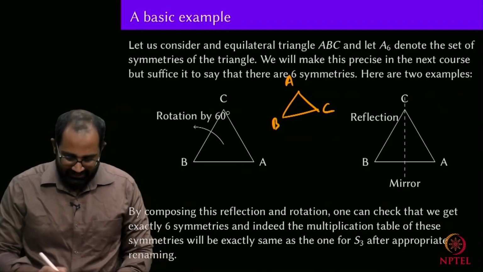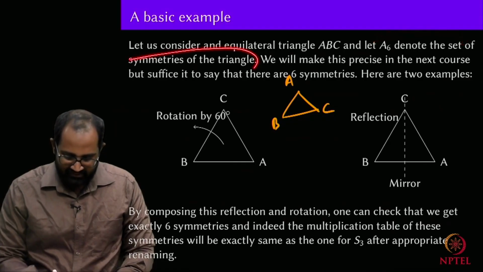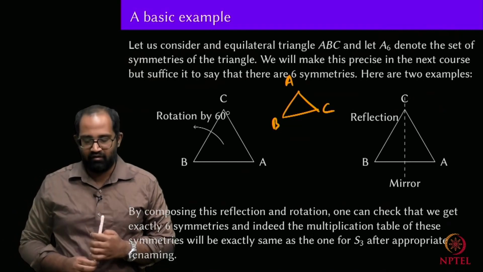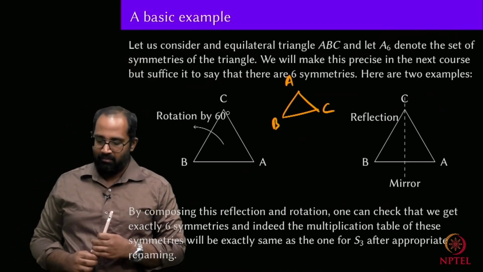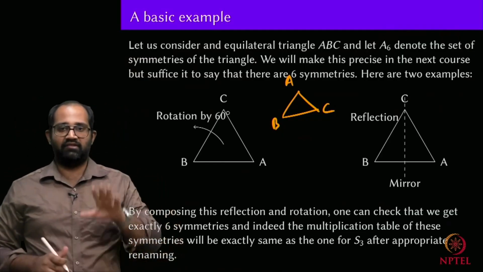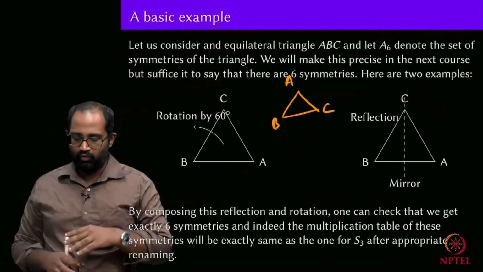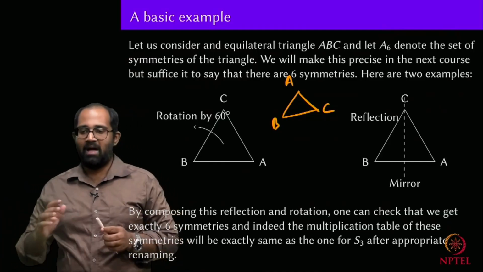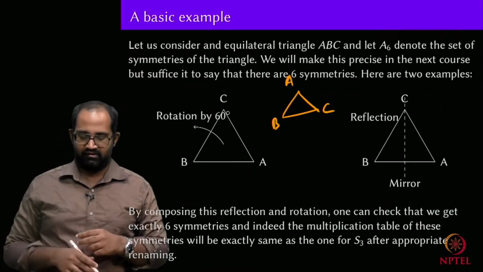Now, let A6 denote the set of all symmetries of the triangle. Now, you might ask me what is the symmetry of a triangle, and I am going to reply wait till algebra 2, but as an ad hoc definition, you can think of a symmetry as a map from R2 to R2 that preserves distances. That is, you map R2 to itself without distorting distances.